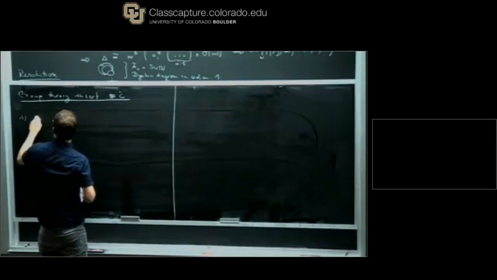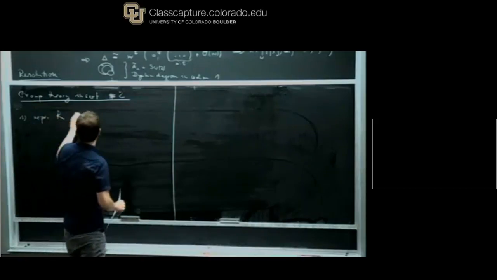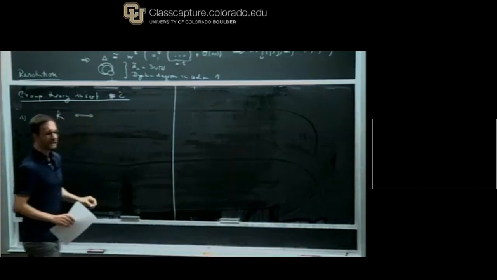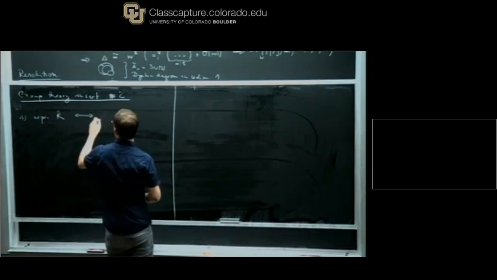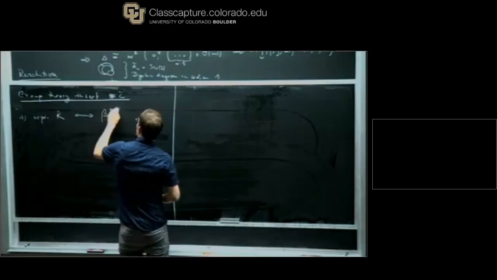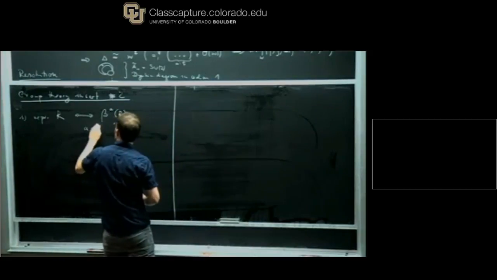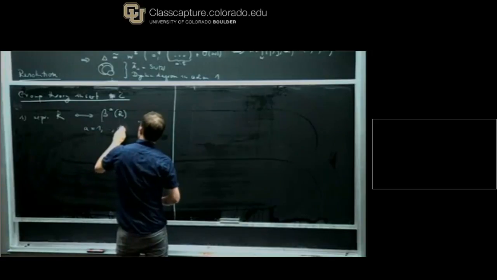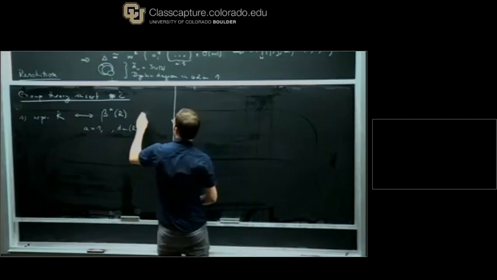Namely, let's look at a Lie algebra G with a representation R. So a representation R is specified, as we said, by its weight vectors, beta_A^R, for A going from 1 up to the dimension of the representation R, the so-called weight vectors.